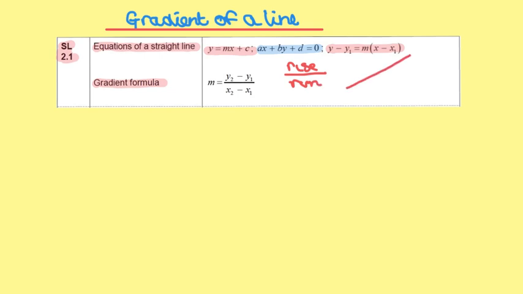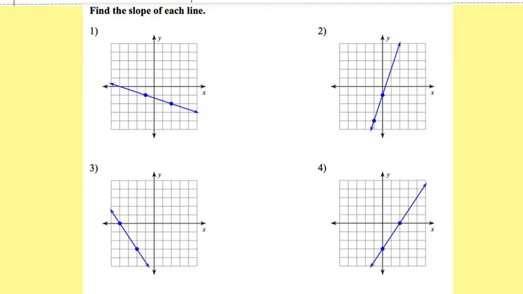So if we take a line, we want to know the change in the rise divided by the change in the run, which is exactly what you have in the formula: y2 minus y1 divided by x2 minus x1. You can easily calculate the gradient of a line by picking 2 points. So let's look at these examples.